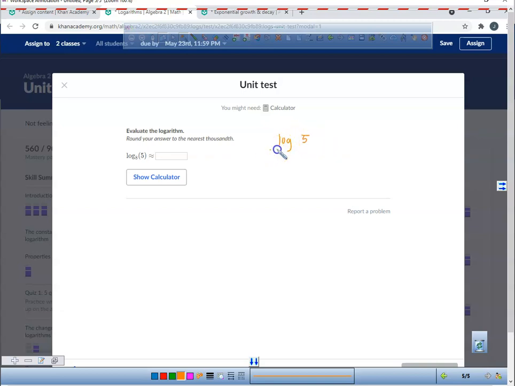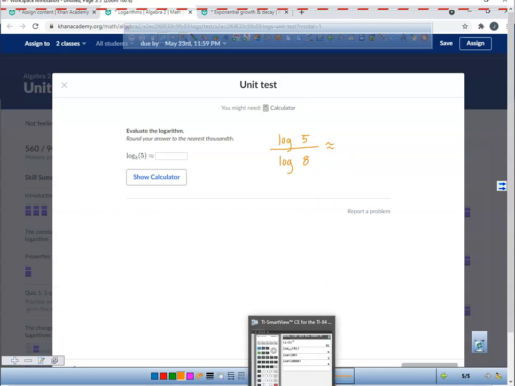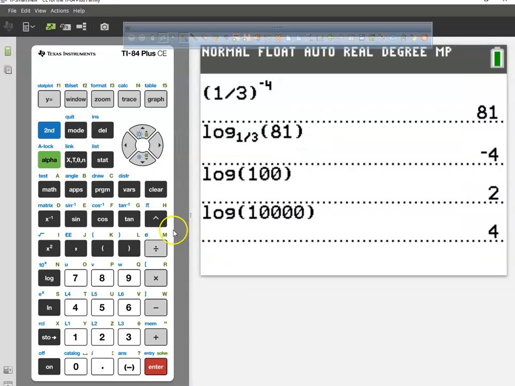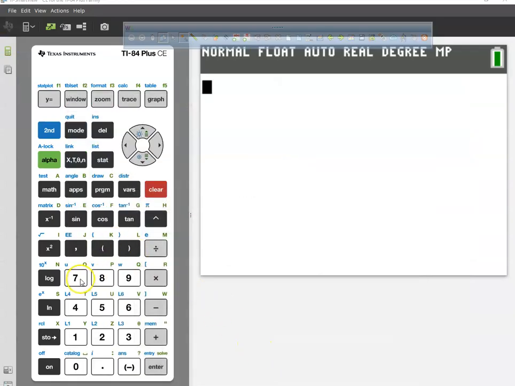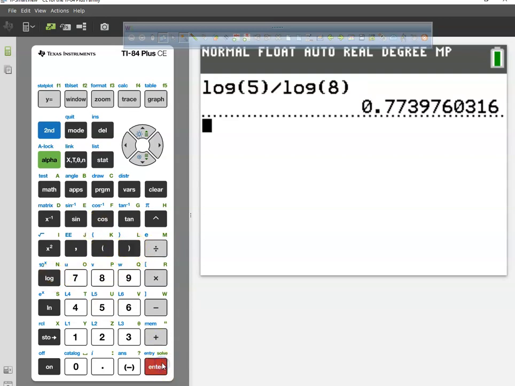I want you to take the log of 5 over the log of 8, and we're going to get an approximate decimal. So we're going to do it the old school way, then we'll do it the new school way, okay? So the old school way is to do what? Log of 5 over log of 8. So you just put log of 5 divided by the log of 8, like that, okay?